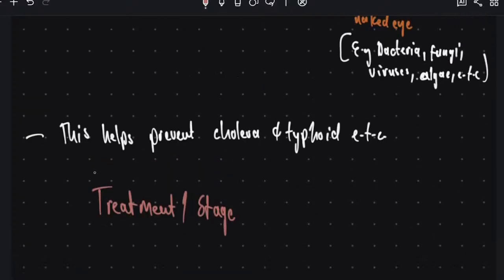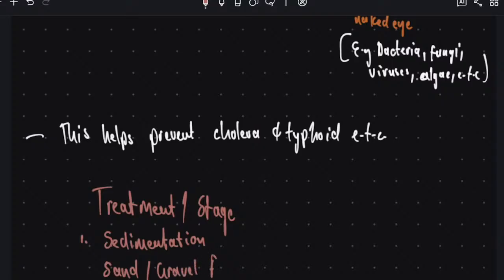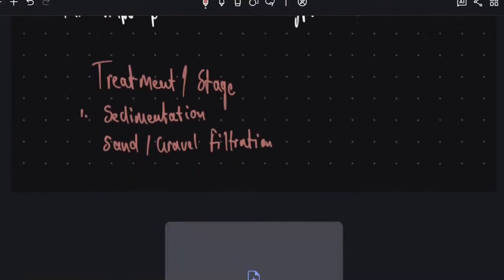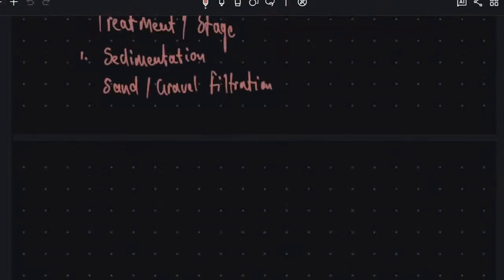You can put one, sedimentation, and filtration. You can say sand or gravel filtration. Then carbon filtration. Then chlorination.